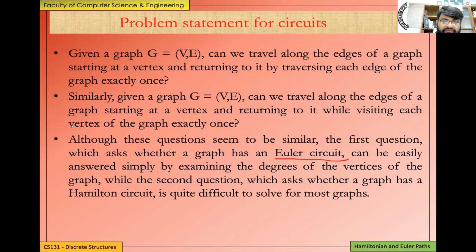So here it's each vertex, there it's each edge, right? If it's about a vertex, then it's what we call a Hamilton circuit. So the second question is whether the graph contains a Hamilton circuit. The first one is quite simple to answer, but the second one, the Hamilton circuit one, like I said earlier, is quite difficult to solve for most graphs. And we'll see why that is the case.